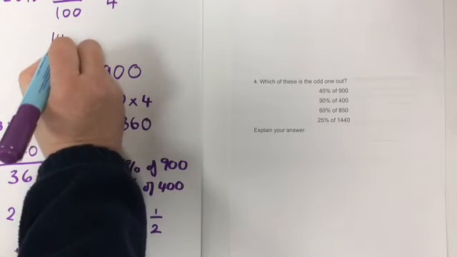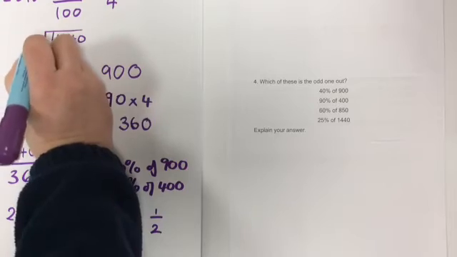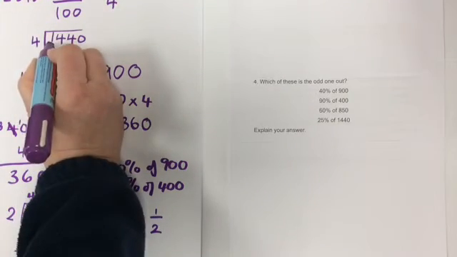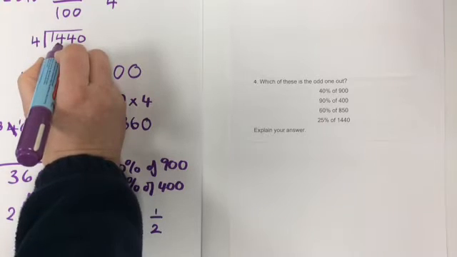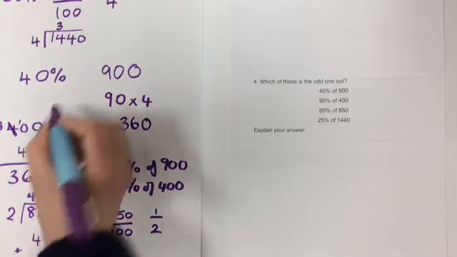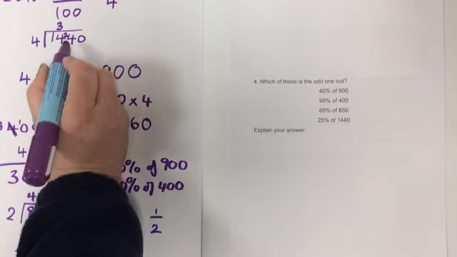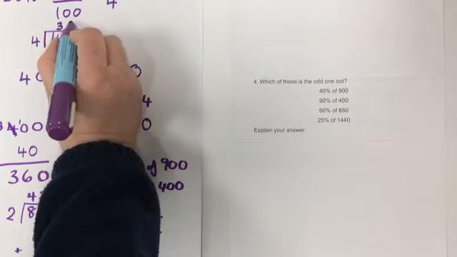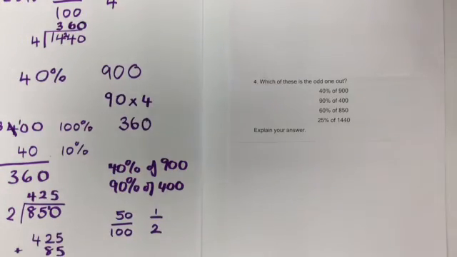So 1440 divided by 4. 4's into 1, don't go. 4's into 14. The closest we can get is 12, which is 3 lots of 4. And we've got 2. 4's into 24. 4 times 6 is 24. And 4's into 0 goes 0. So that's the same answer, isn't it?